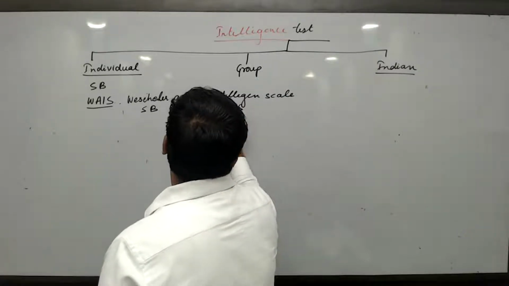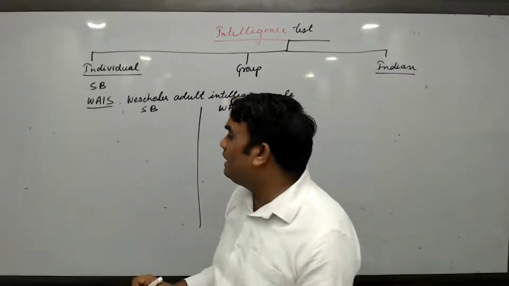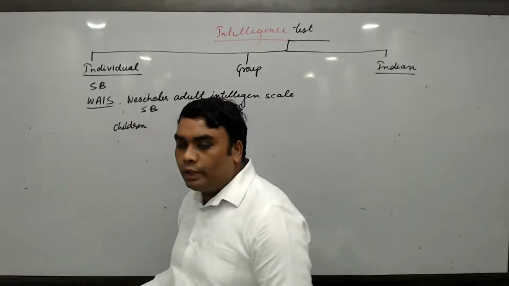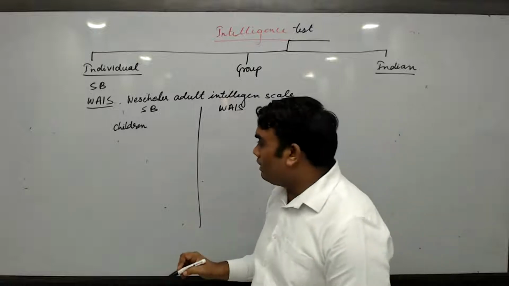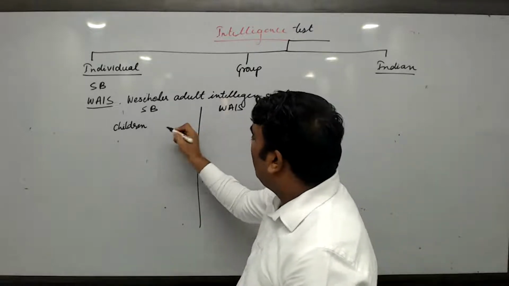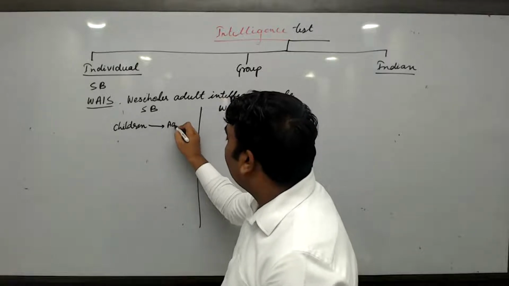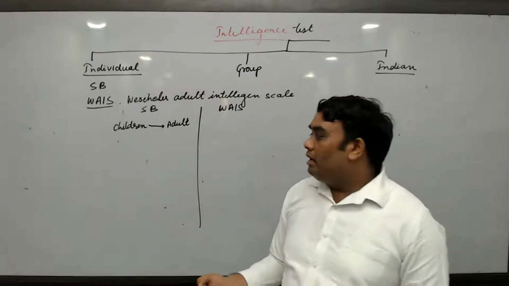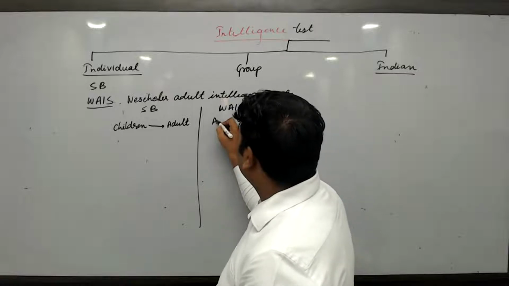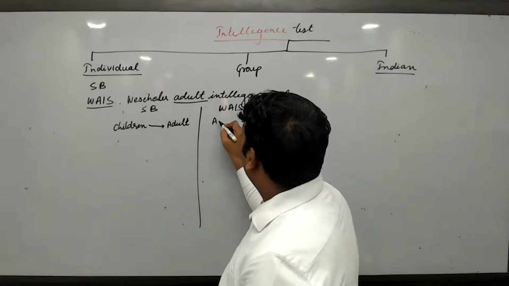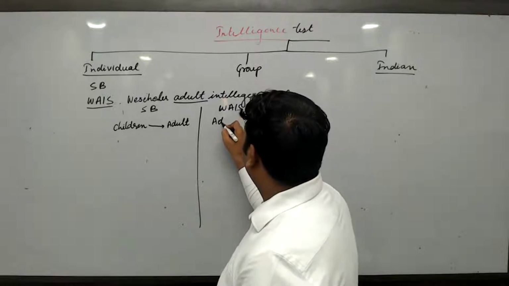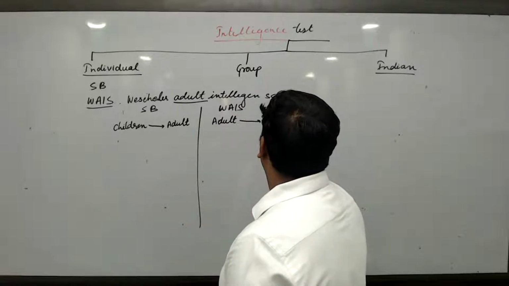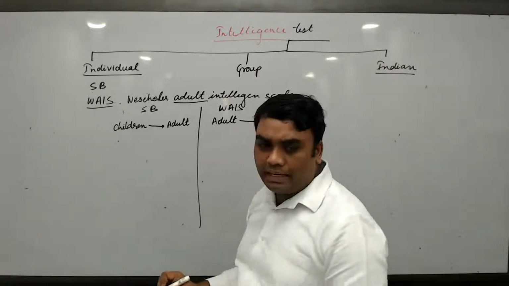What is the difference? Binet made his test first for children, and later it was converted for adults also. But the Wechsler test was mainly designed for adults, and later it was converted for children. This is one of the biggest differences.